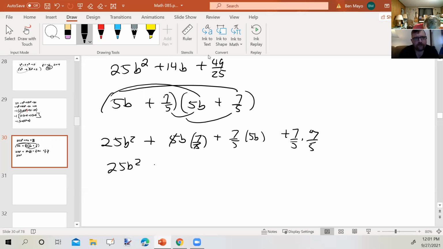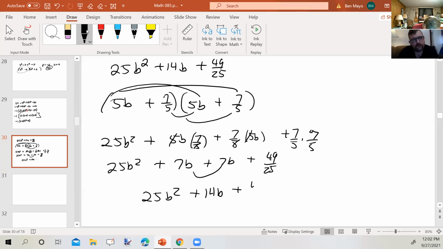Here the 5s would reduce down to 7b and the 5s would reduce down to 7b, and we get 49 25ths, combining like terms. So we get that, or we could write it like that. So there's another perfect square, kind of a tricky one though with the fractions involved.